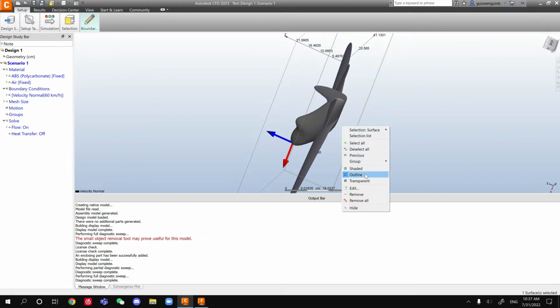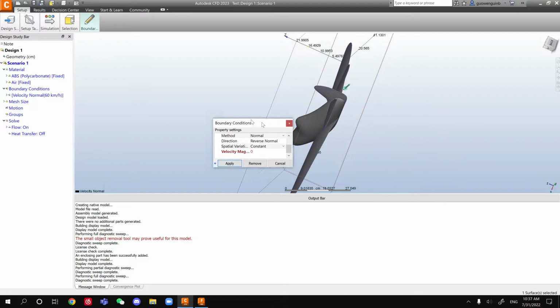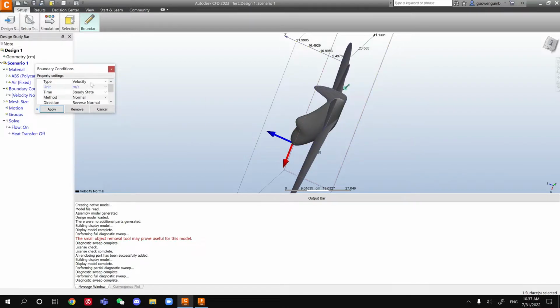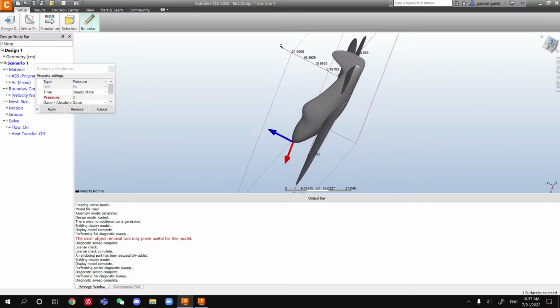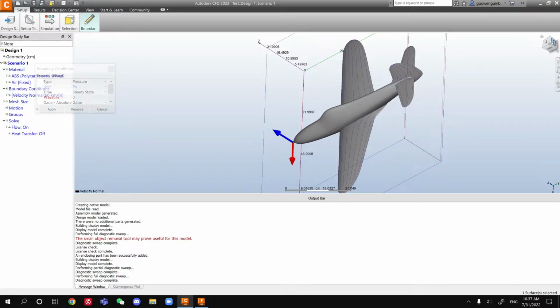For the outlet of the wind tunnel, I'm gonna select pressure and set it to 0. Of course, this is gauge pressure because essentially we're setting the reference level at the outlet, so the pressure at the outlet is 0, and the pressure anywhere else is whatever it's going to be.